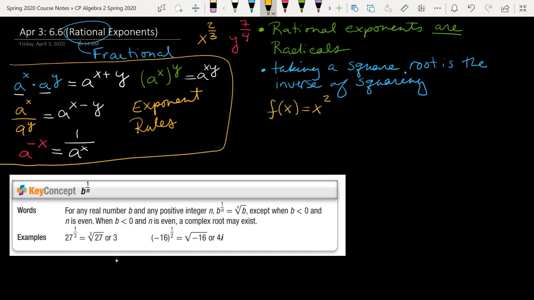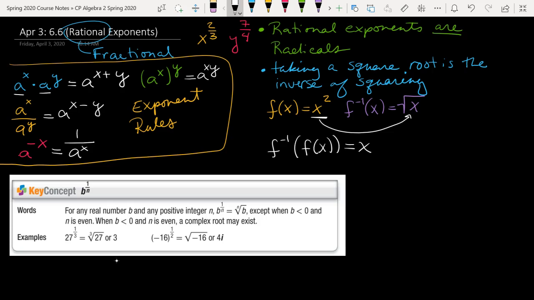If I have a function, f of x, where all f does is square x, we know that the inverse of f is the square root of x, because if I input x into f, and then input that result as x into f inverse, I get x out. In other words, as we expect from inverse functions.